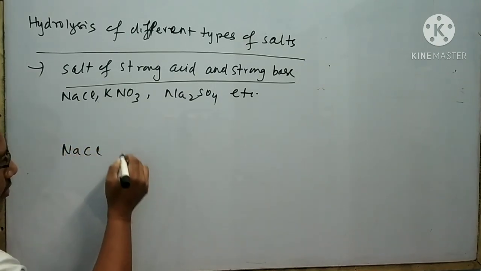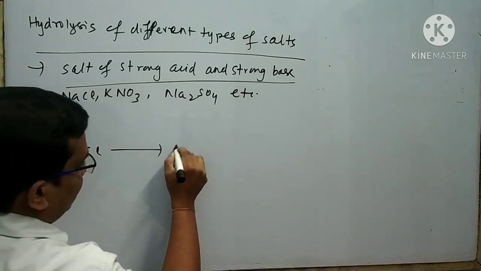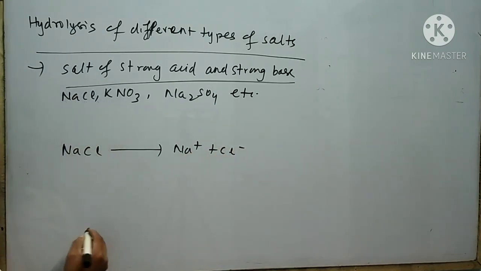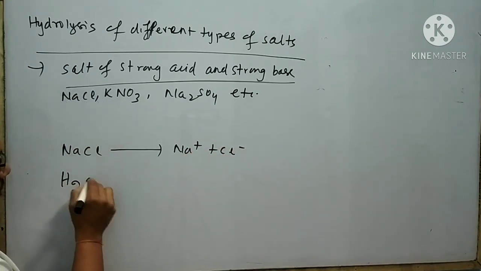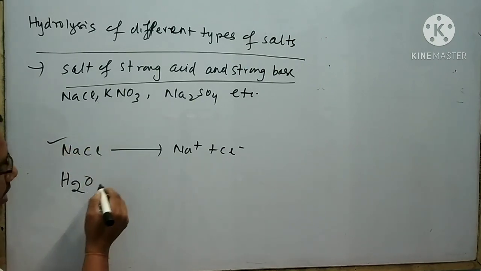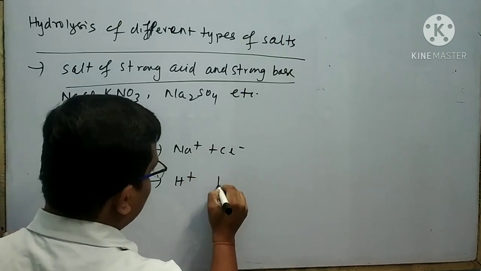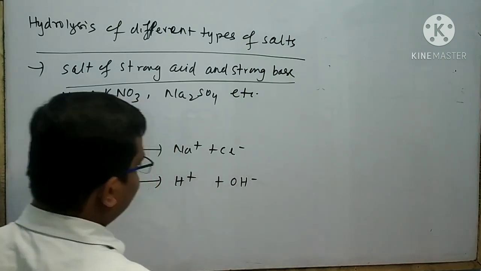When sodium chloride undergoes dissociation, it gives Na plus and Cl minus ions. When we add water to this salt, what happens? Water also undergoes dissociation, giving H plus and OH minus ions.